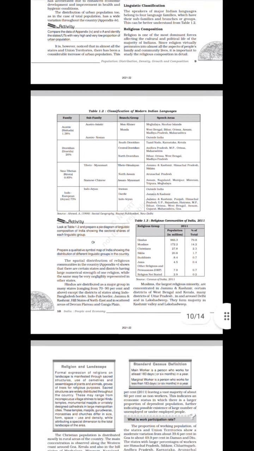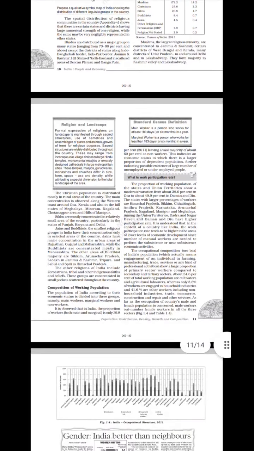Religion and landscape. Formal expression of religion on landscape is manifested through scattered structures, use of symmetries, and assemblages of plants and animals, groves of trees for religious purposes. Sacred structures are widely distributed throughout the country.